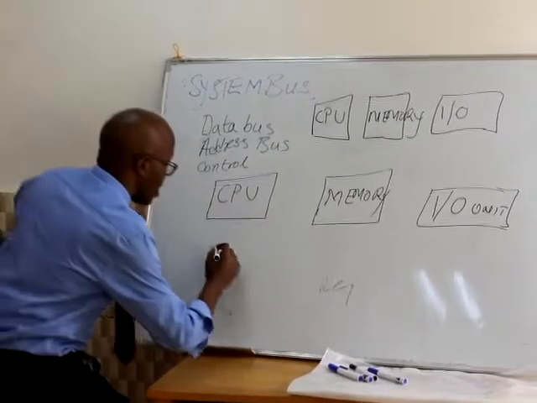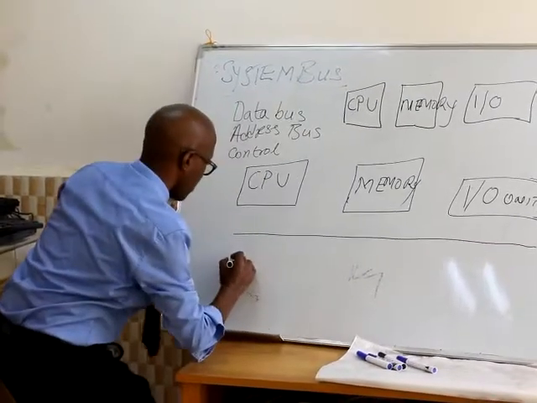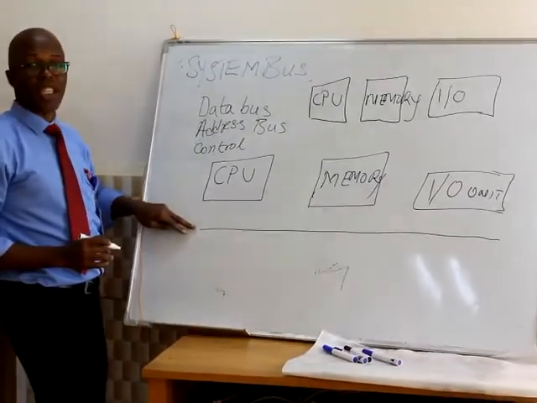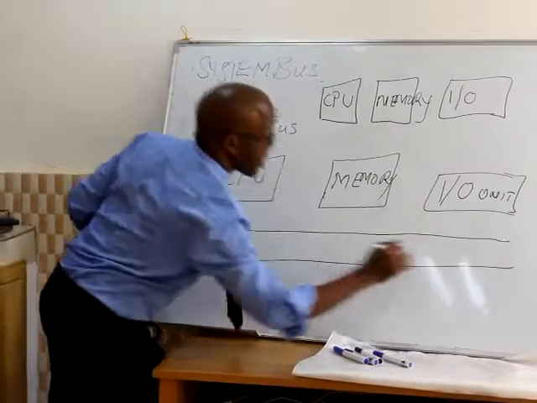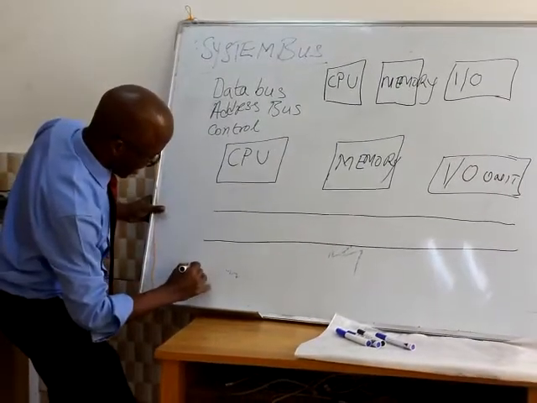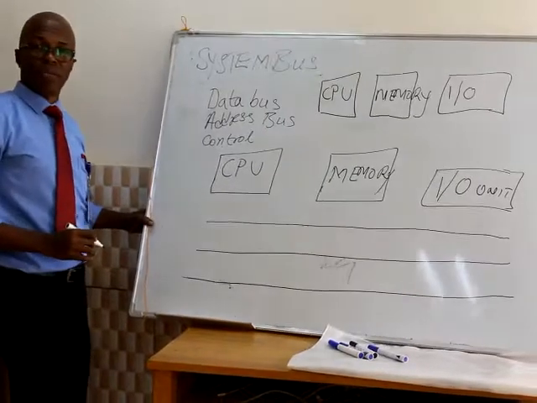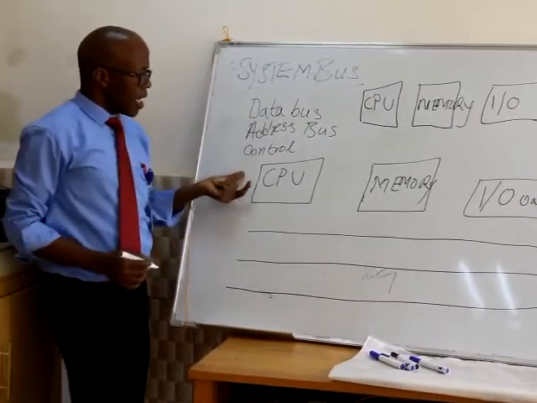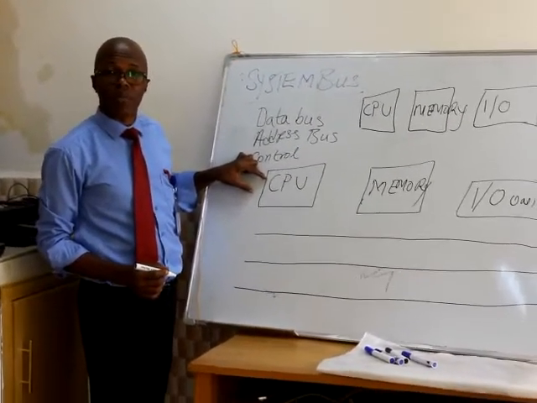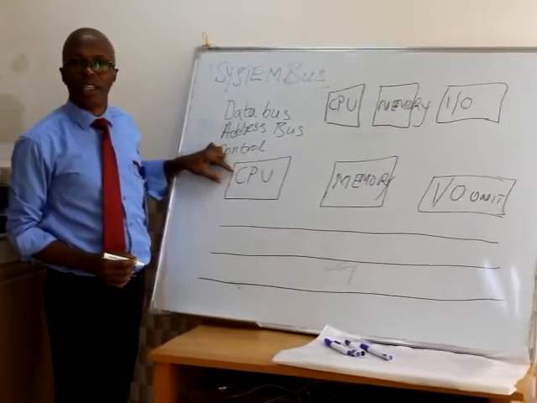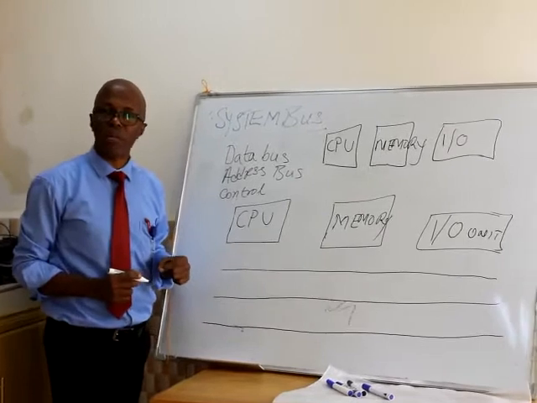Now, let's assume this is the data bus. And this is the address bus. And this is the control bus. Now, inside our computer system, there are many activities taking place, and these activities have to be controlled.